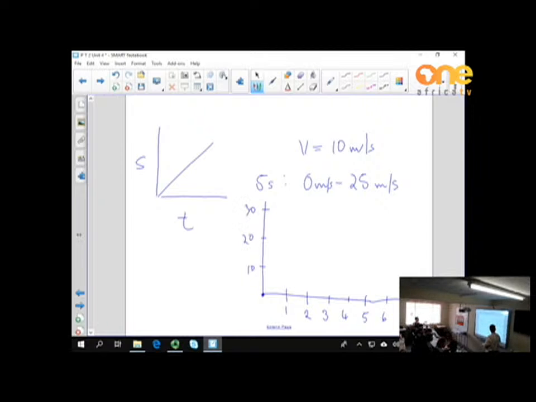So for the next 5 seconds, this car is going to accelerate from a speed of 0 to reach a speed of 25 meters per second. So over there, and over there, that would be the spot. You would draw a straight line with your ruler. That's the first 5 seconds.